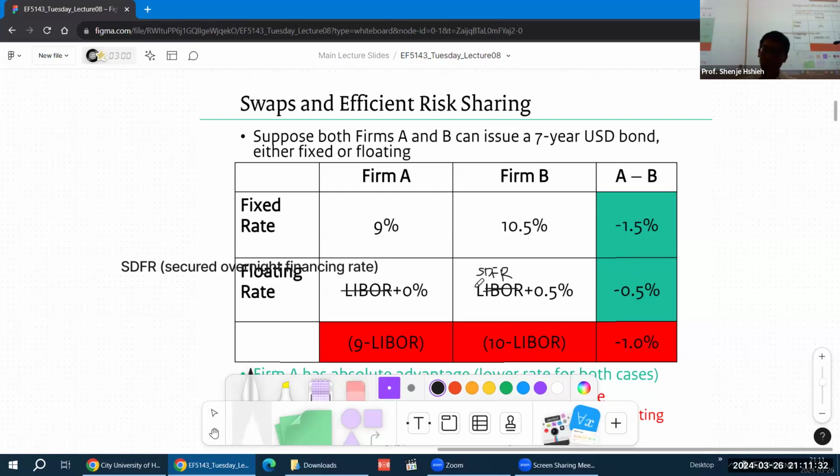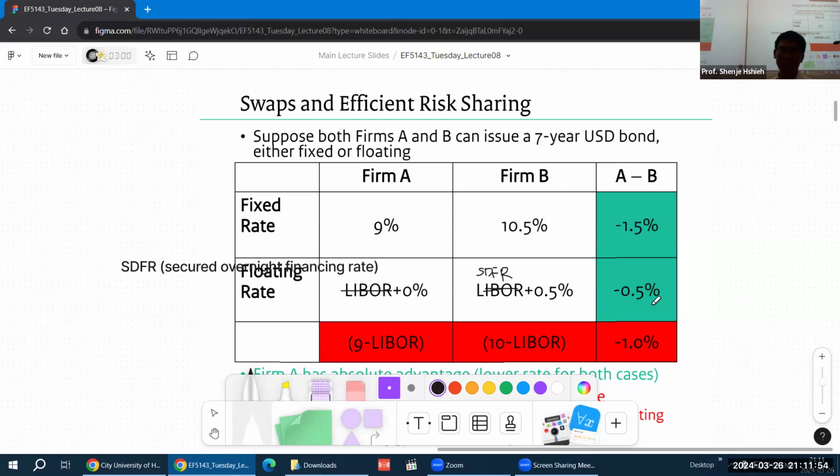The difference between the borrowing rates for firm A and firm B for floating rate is also negative 0.5%, indicating that firm A also gets a better deal for variable rate. So far you should conclude that firm A is less risky than firm B. It can always get lower borrowing rates.